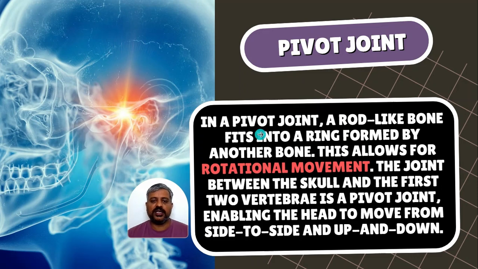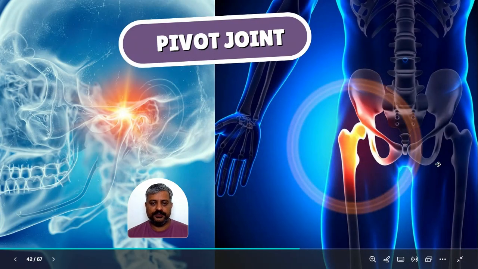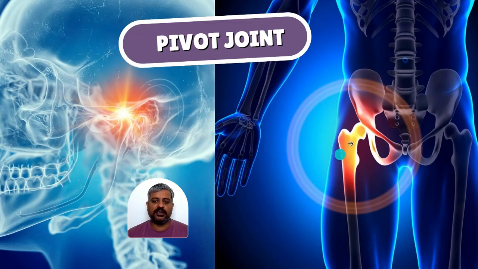Where it joins, it is called a pivot joint, enabling the head to move from side to side, up and down. These movements are just because of this pivot joint. Here you can say these are also pivot joints because it allows to and fro and rotational movement as well, the same as it is here.